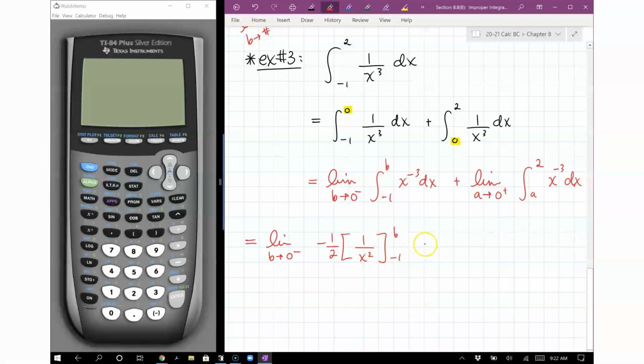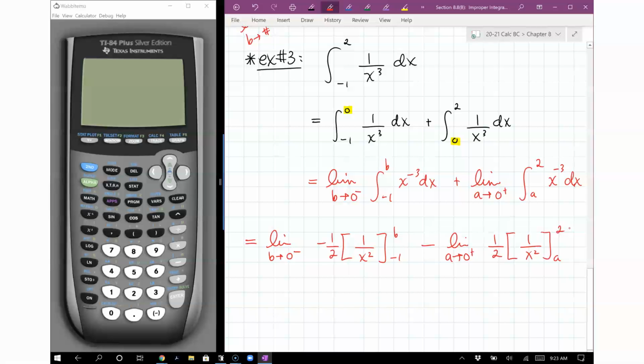And then minus, and the reason why I put minus is because it's going to be the same integral for the other one. So instead of writing a negative 1/2, I'm just going to put minus the limit as a goes to 0 from the right of 1/2 of 1 over x squared from a to 2.